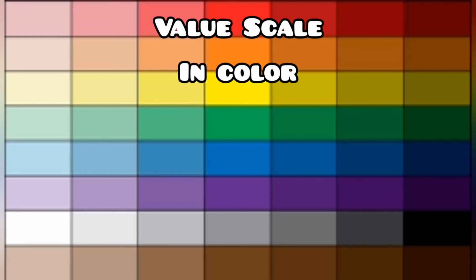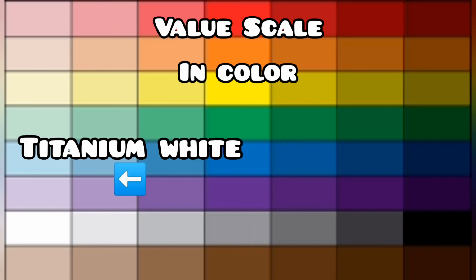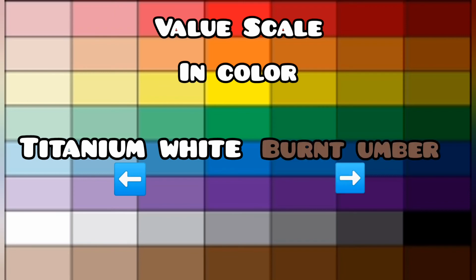To visualize how we'll be using the white and the burnt umber, if we look here in the middle, these are our mid-tone colors, meaning they are pure color right in the middle between light and dark. To make them lighter, we are going to be using the white to add to it to make it lighter, and then we'll be using burnt umber to make it darker instead of using black.